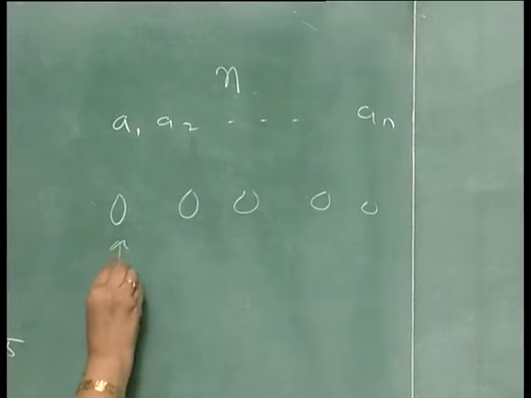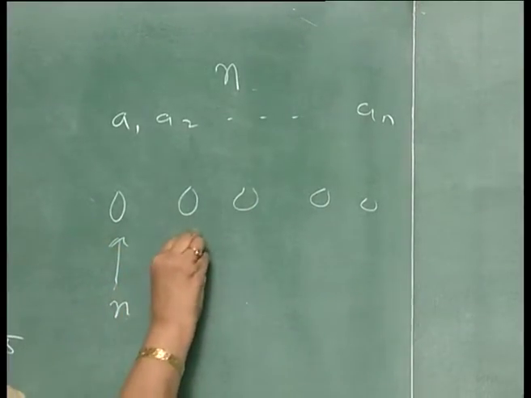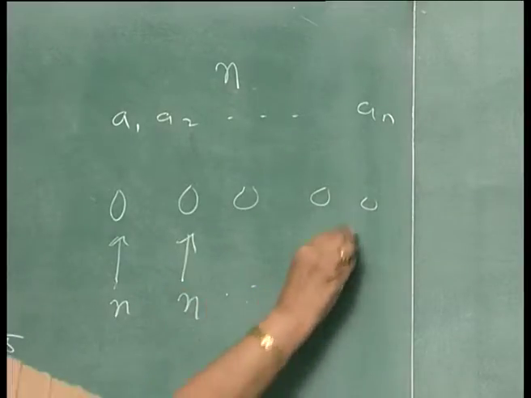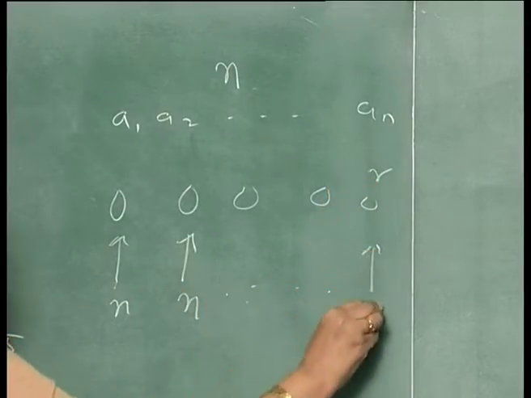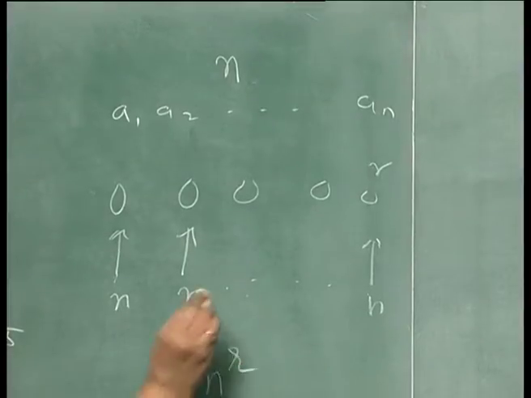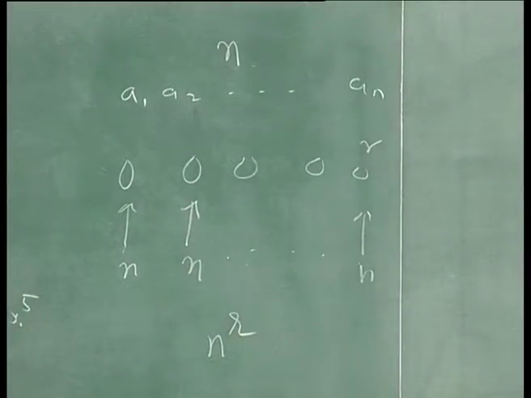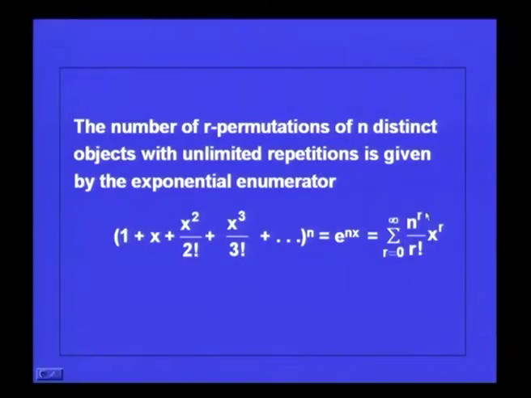Then the first place can be filled in n ways, second place can be filled in n ways and so on. The rth place can be filled in n ways. So, the answer you get is n power r, and that is what you get here, n power r. So, the same results which we obtained earlier in an ordinary manner, now we are using the exponential enumerator to get the same answer.